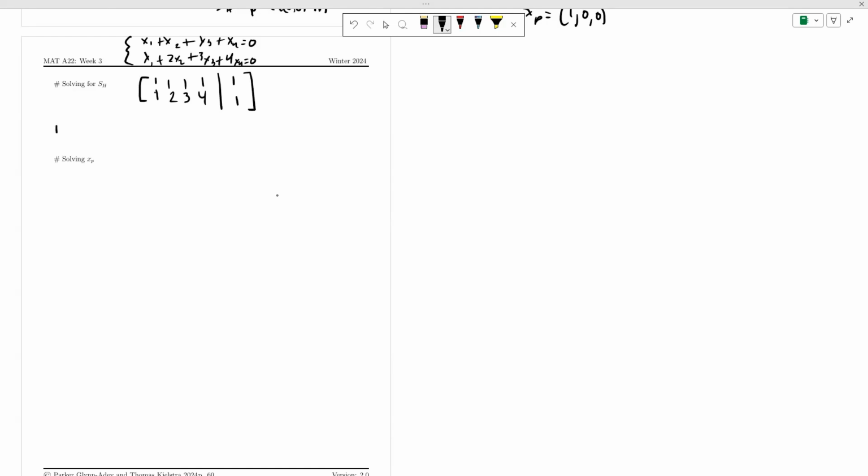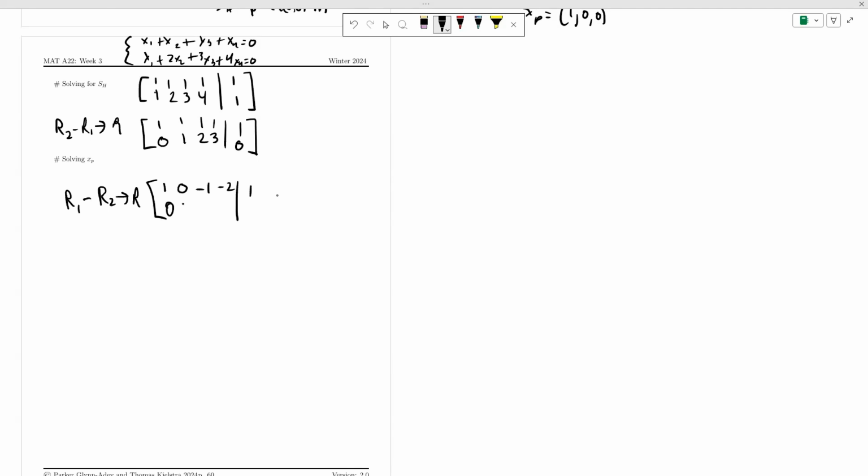And now row 2 minus row 1 replaces row 2, gives 1, 1, 1, 1, 1, 0, 1, 2, 3, 0. And now row 1 minus row 2 replaces row 1 would be our next operation. We get 1, 0, minus 1, minus 2, 1, 0, 1, 2, 3, 0.